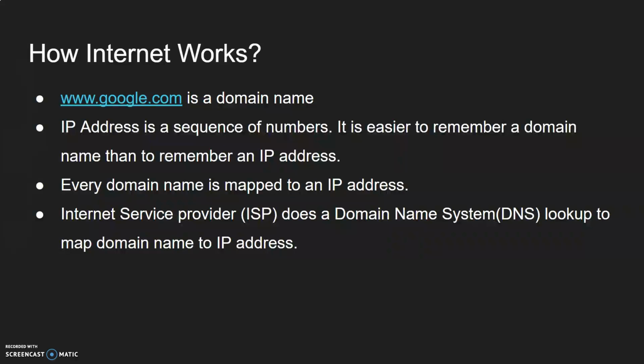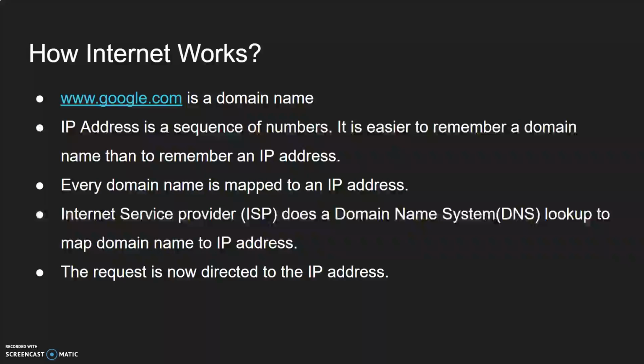So whenever we search for www.google.com, the internet service provider takes the domain name and does a lookup for the IP address matching the domain name. Whenever the IP address is matched, the request will be directed to the IP address.